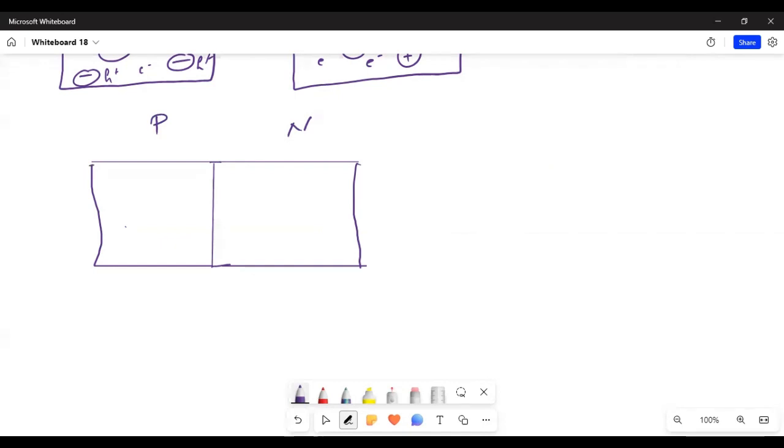This side will have holes in majority, and this side has electrons in majority. So electrons will try to go in this direction because they are more in number here. They will leave behind uncovered ions, so they will be negative.